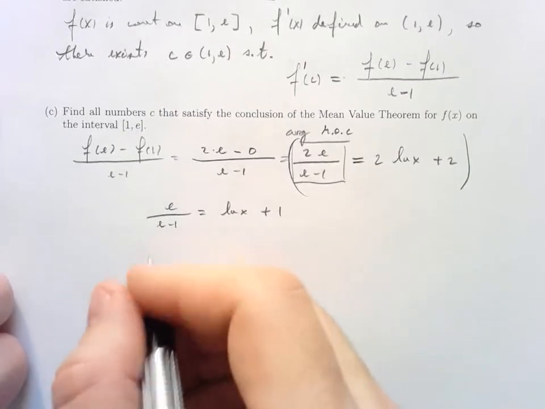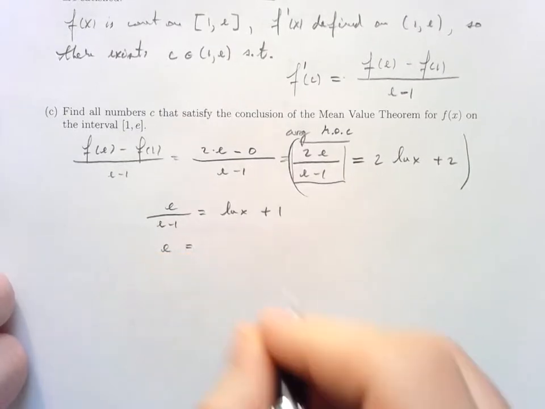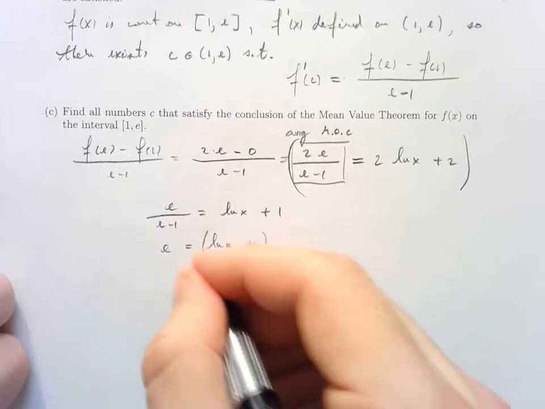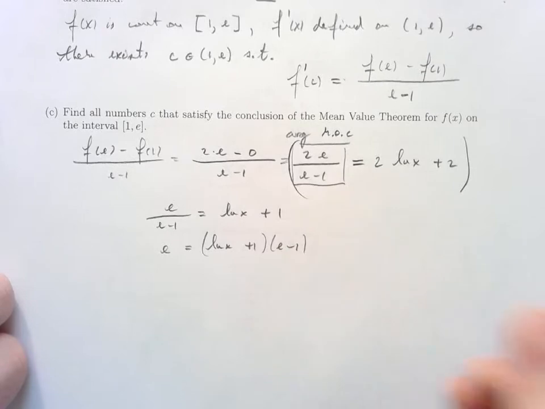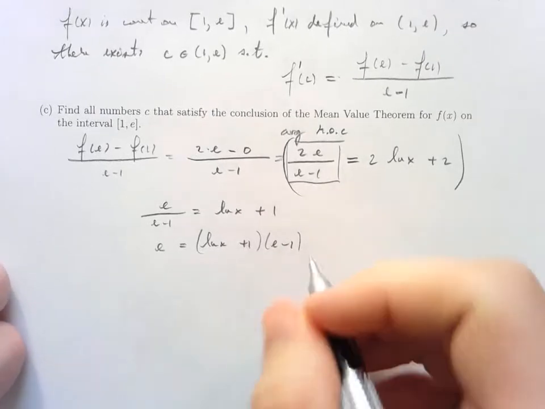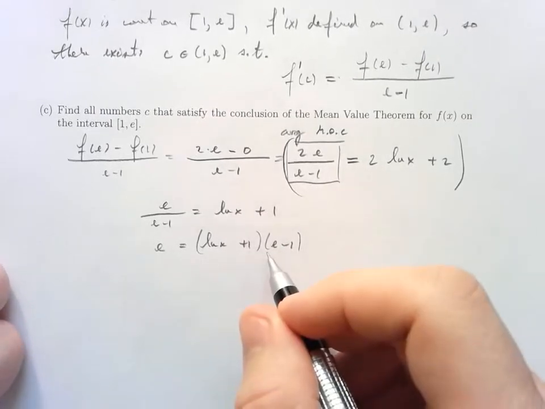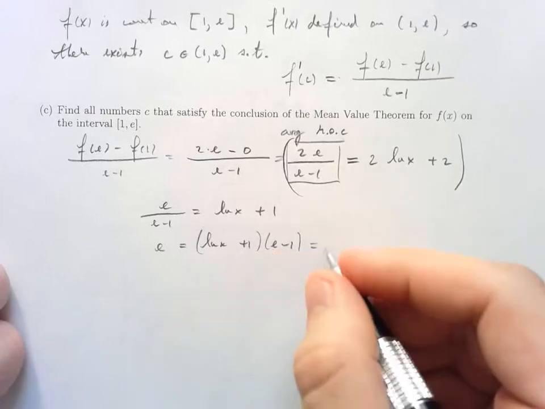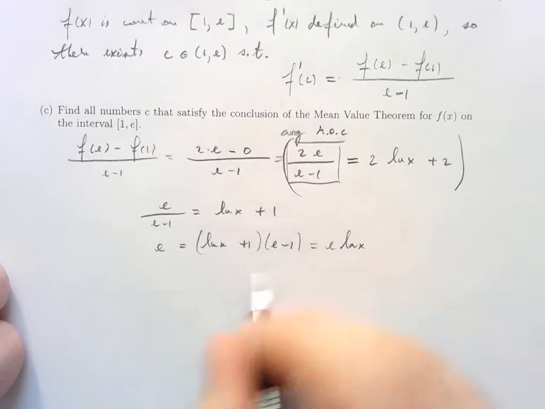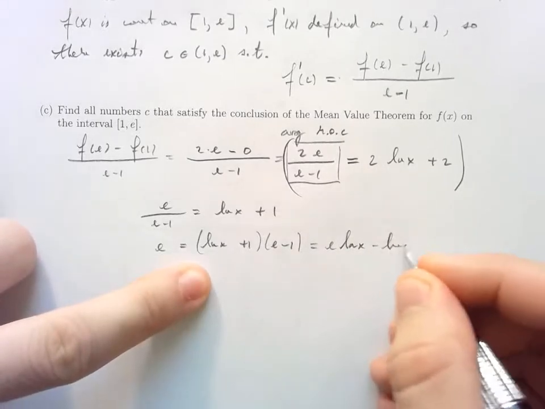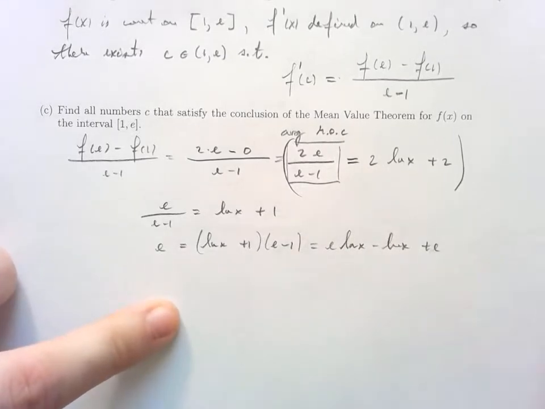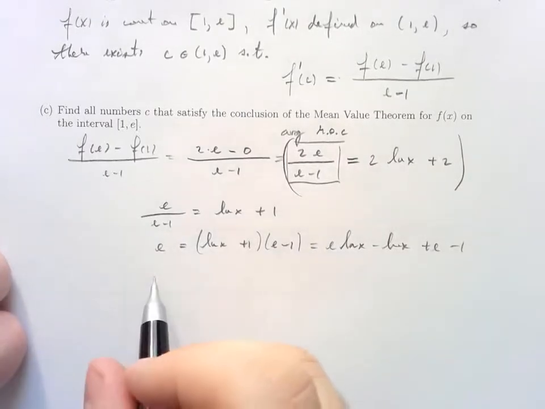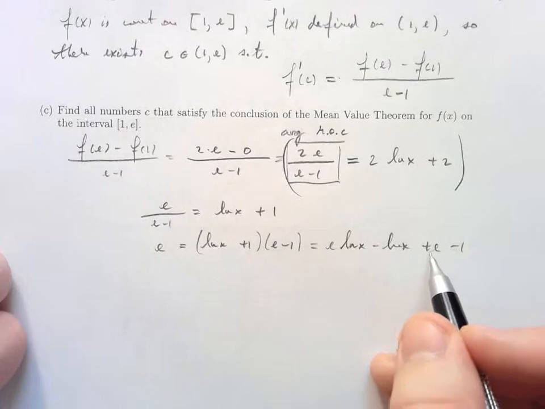So I have e is equal to ln x plus 1 times e minus 1. And let's multiply it out. So this is e ln x minus ln x plus e minus 1.